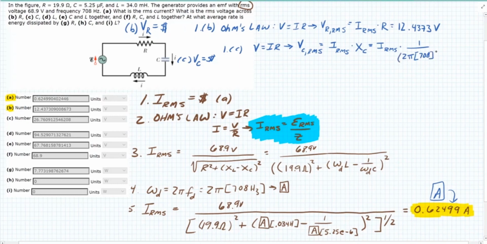This is omega, because for the 24th time, omega equals 2 pi f, times C. And for me, C is 5.25 e to the minus 6 farads.